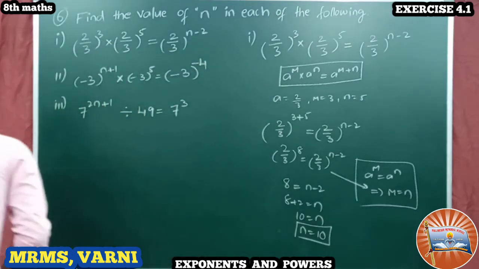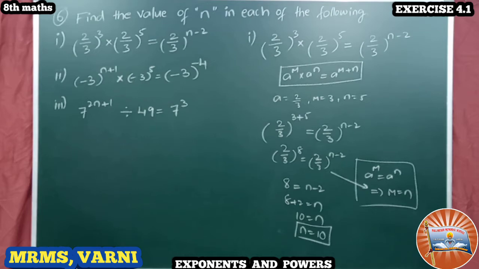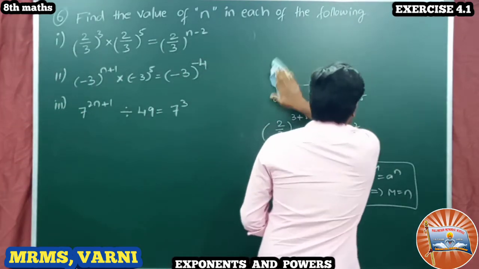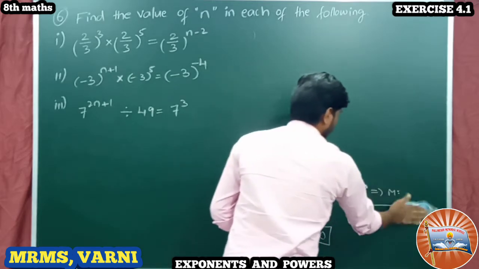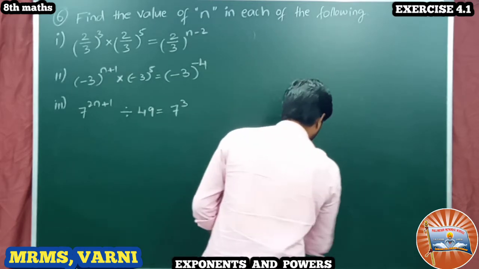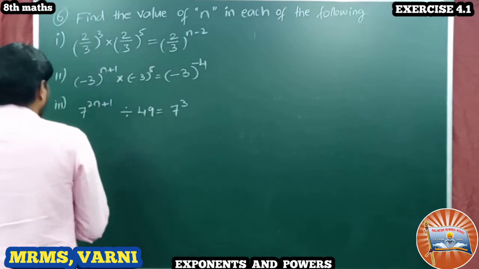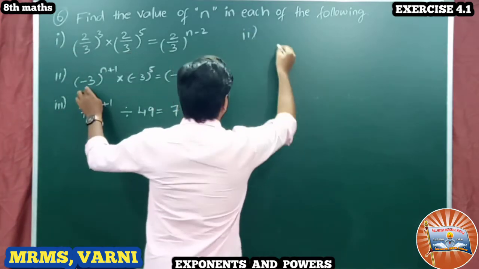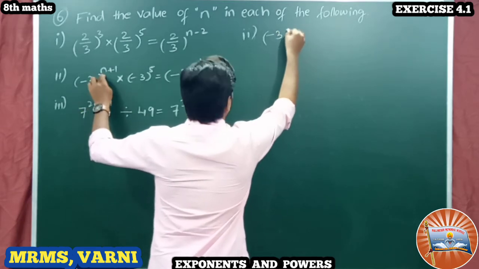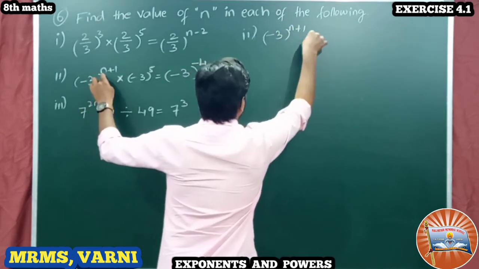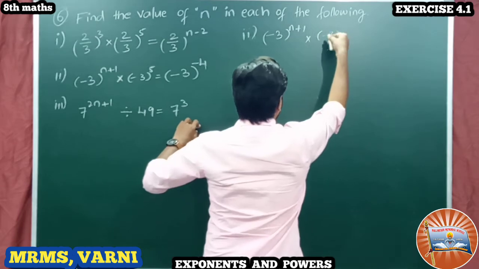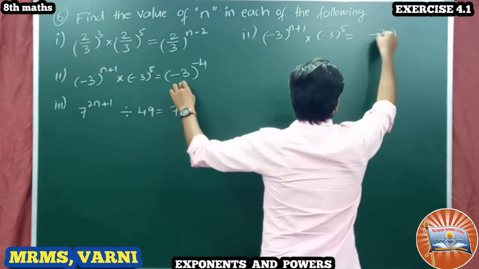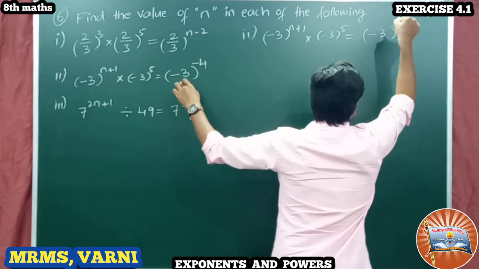Now we go for problem number 2. Right. Look at the second one. (−3)^(n+1) × (−3)^5 = (−3)^(−4).